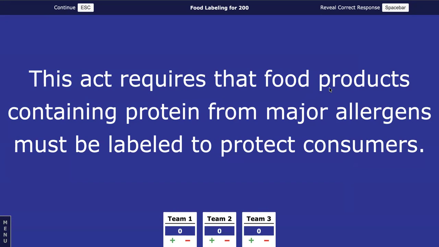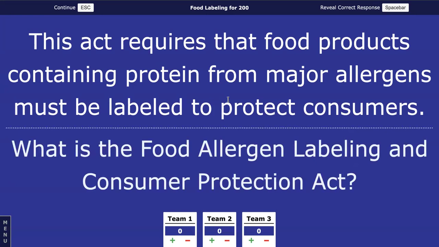The most recent one, I don't know if you guys heard about it, but it's sesame. Sesame is the newest one added onto this list. So that's why a lot of parents, when they have children, start introducing these allergens to their children at 6 months of age. And also, the act is called the Food Allergen Labeling and Consumer Protection Act.